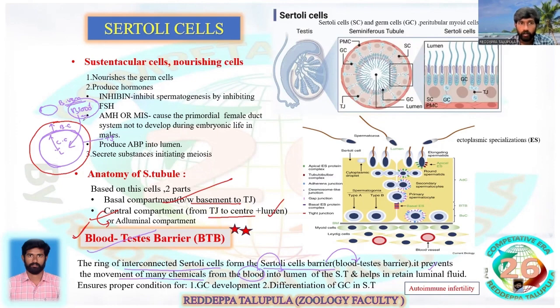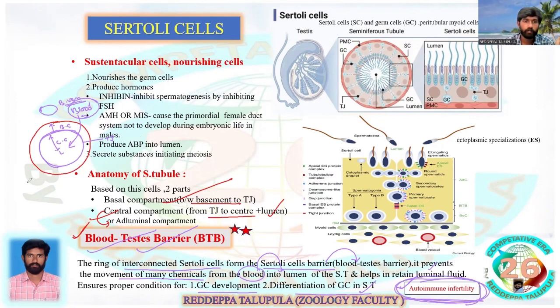If they enter the lumen, they will affect spermatogenesis. Because of that, the barrier ensures proper conditions for GC, that means germ cell development and differentiation of germ cells in the seminiferous tubules. These two are provided by the blood testis barrier. If any damage happens to the blood testis barrier, it causes an abnormality, that is, autoimmune infertility.